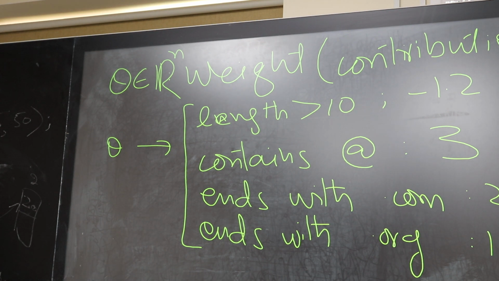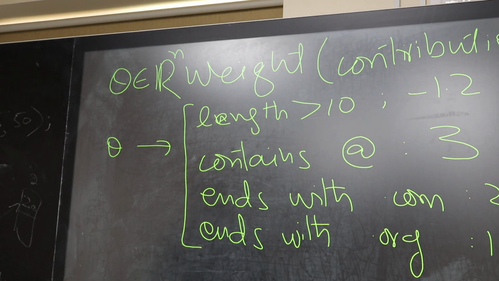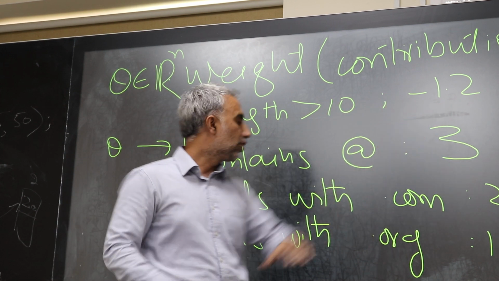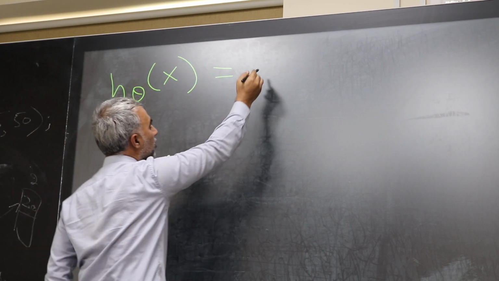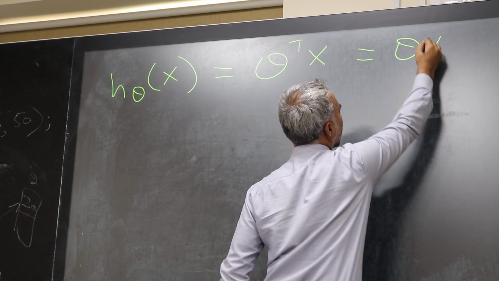These are the weights contributing to the features. First, minus 1.2, of course there is a reason. As I told you, it's not a big deal, or you can consider it as 1. Now you are predicting, and usually it's also written like this.